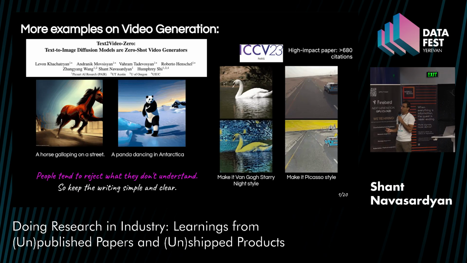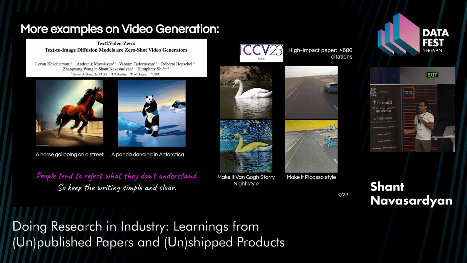Another example I want to give is a work done 2 years ago that has had a high impact, more than 680 citations. That was in Paris in 2023 at ICCV. Back at that time, video generation was not so popular as now and was not so developed.